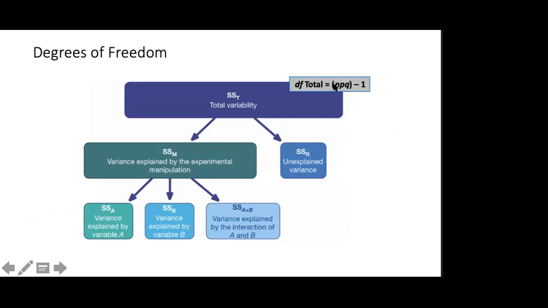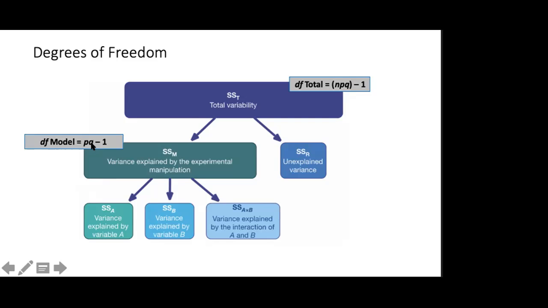The total number of subjects is the number of observations within each cell times the number of levels of each condition, so P times Q, which is just the number of cells that we have. Then for our model variability, the degrees of freedom are the number of cells that we have, also called the number of conditions, right?